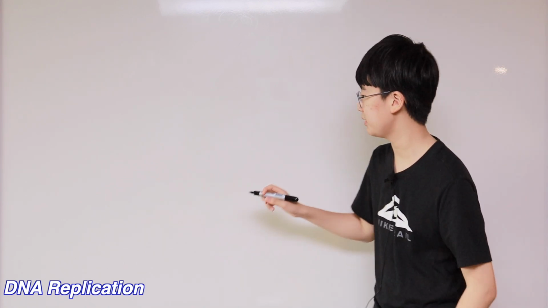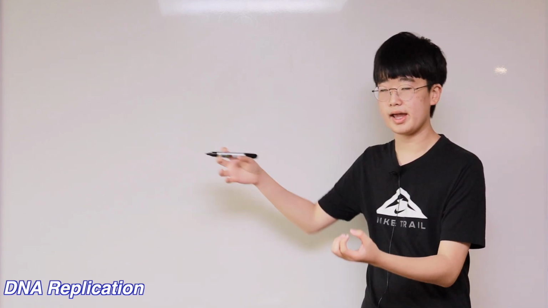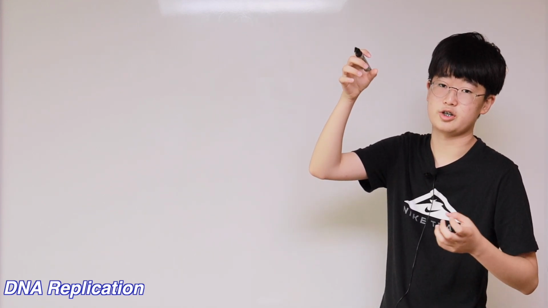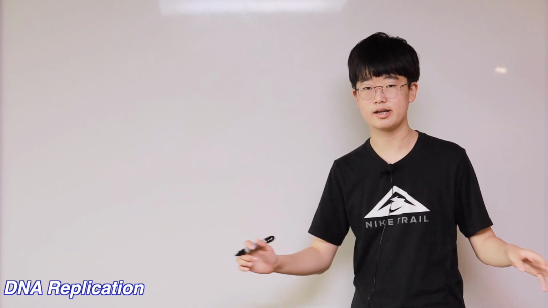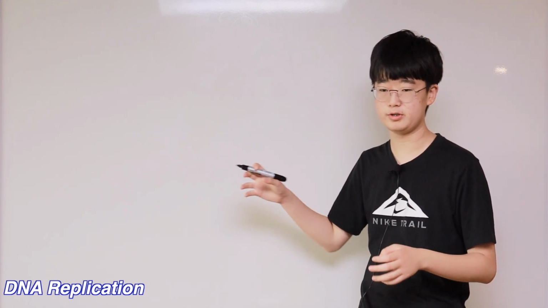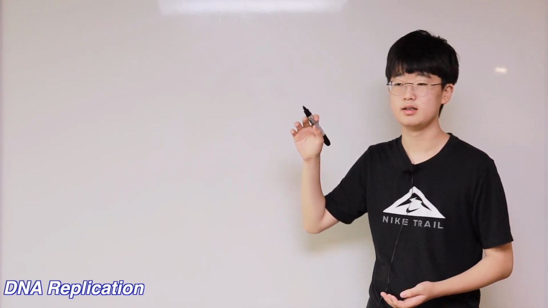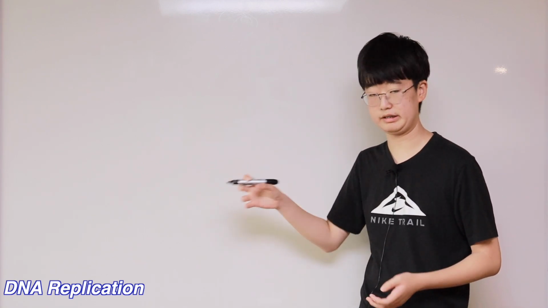Maybe there's a C, but an A comes in and tries to attach to the C, which would not happen. But if the DNA polymerases simply catalyzed the growth, and did nothing else but put the nucleotides together, mistakes would happen.